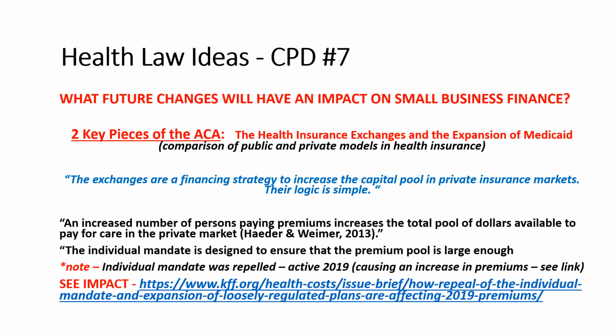The problem was in 2019, the individual mandate was repealed, not the Affordable Care Act. That's still in place. But taking away that mandate, now there are fewer people paying premiums into the pool, and that has increased our premiums. You can click on the link below to the Kaiser Foundation, which will show you some data to support that.